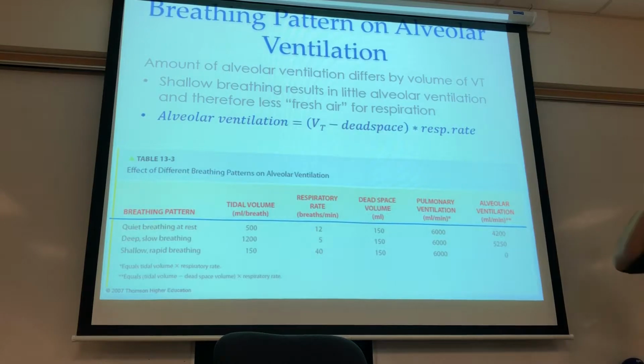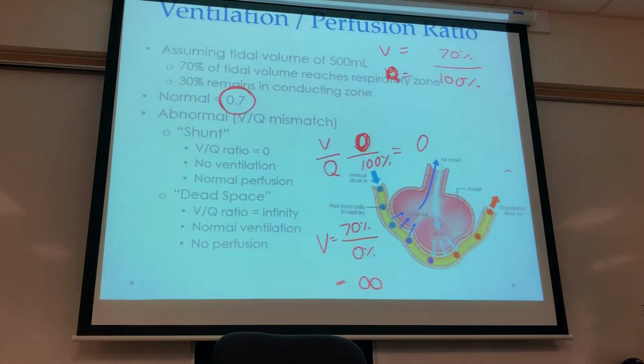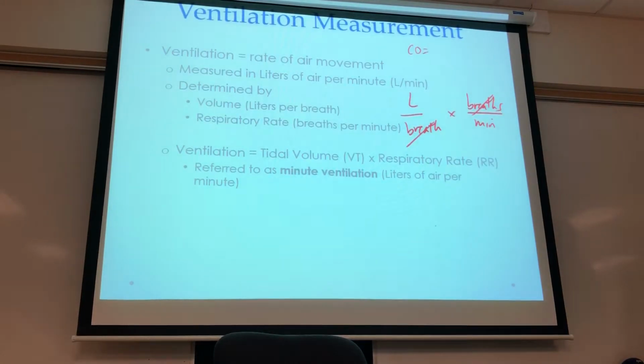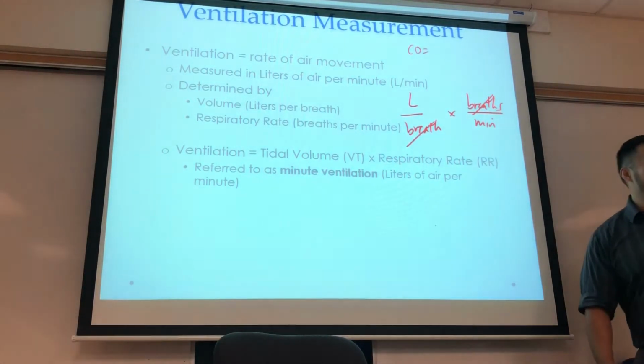All right, so what we've mentioned earlier in our prior slide is how we measure ventilation. In this ventilation, we've been able to look at tidal volume, which we count as 500 mils of air, times the respiratory rate.